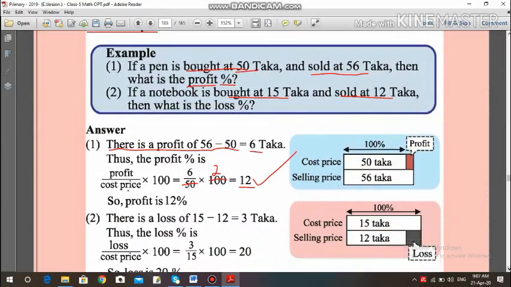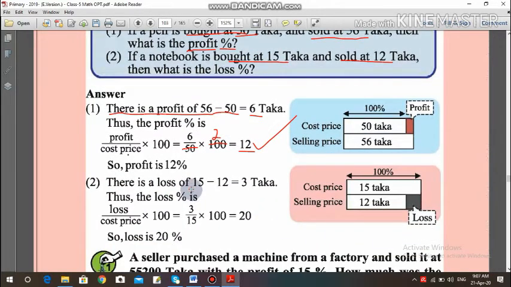Now we calculate the loss. See the solution. There is a loss of 50 minus 12, 50 is cost price and 12 is selling price, so that 3 taka will be loss.